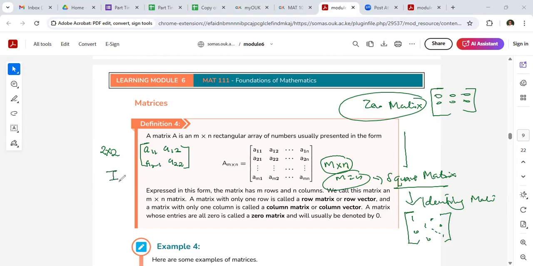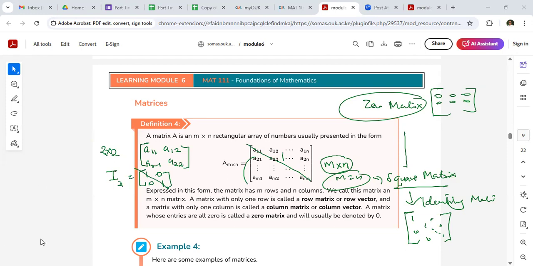And then the identity matrix in this space would be the matrix 1, 0, 0, 1. A matrix in which the main diagonal entries are equal to 1 and all the other entries are equal to 0. So this is the main diagonal. And then you have the secondary diagonal, and then you have the other elements.